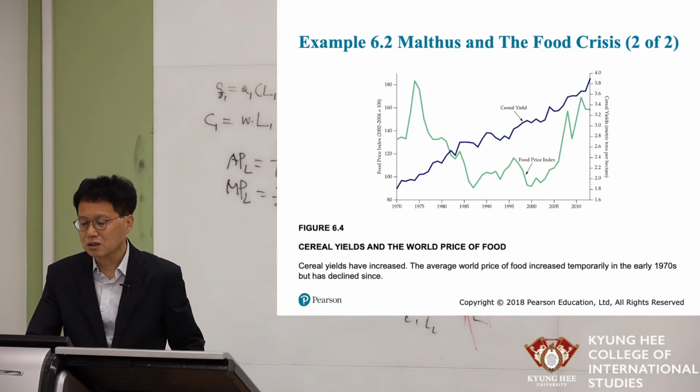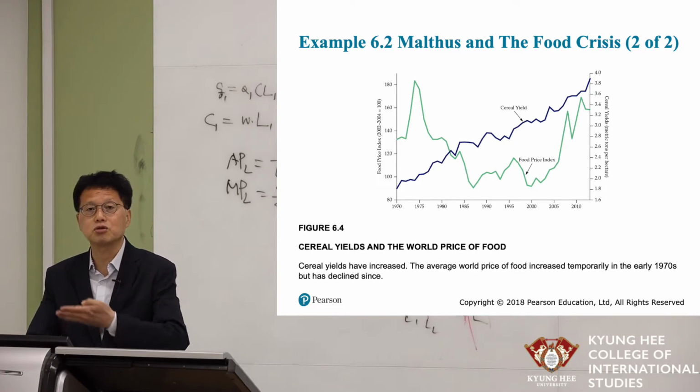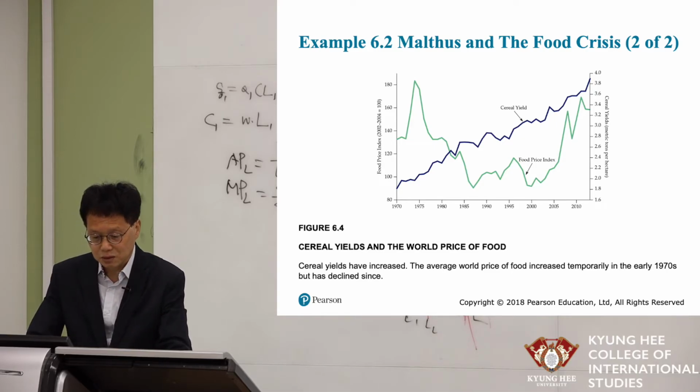If we look at the long term, labor productivity increases almost 1.8% per annum every year. Because of that, we can produce more, so we can consume more. Okay?